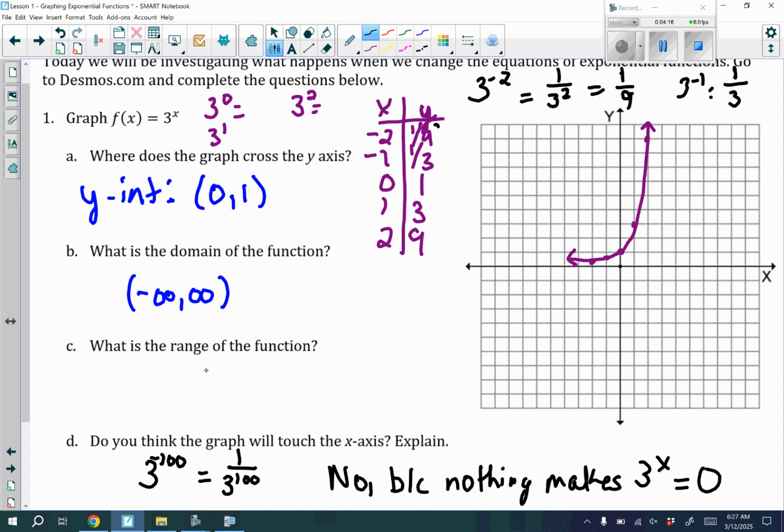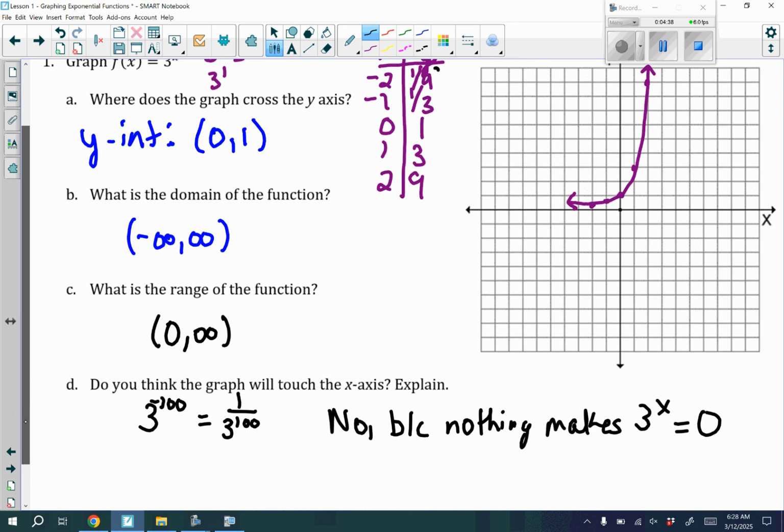Now, that actually goes back to the range of the function. Because we are not going to reach or touch the x-axis, basically that is not included in our range. So notice in our graph that everything above the x-axis will be part of our range. So here, we're going to have 0 to infinity to represent everything above the x-axis.